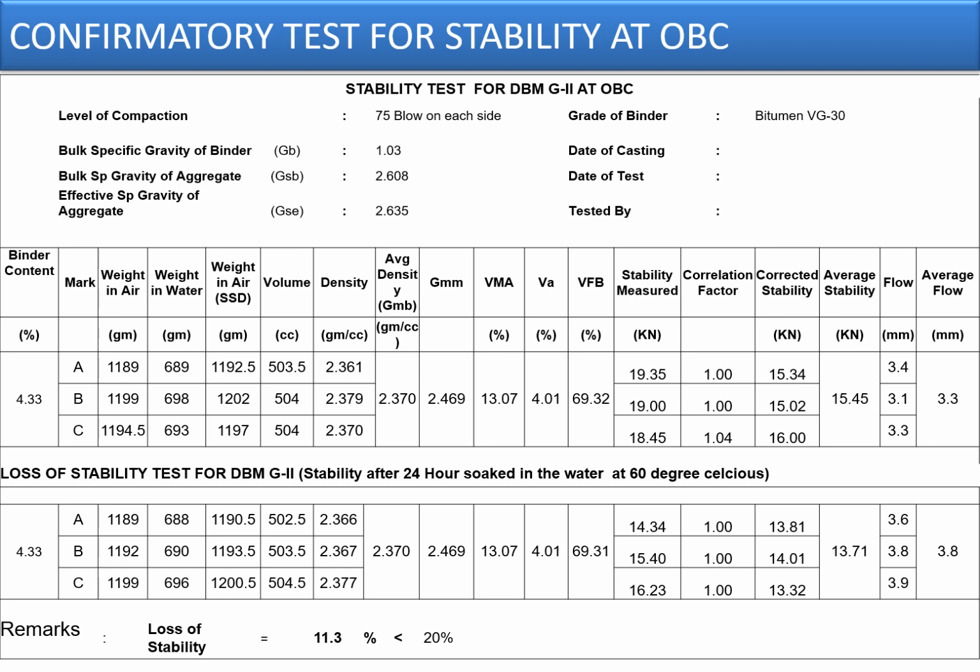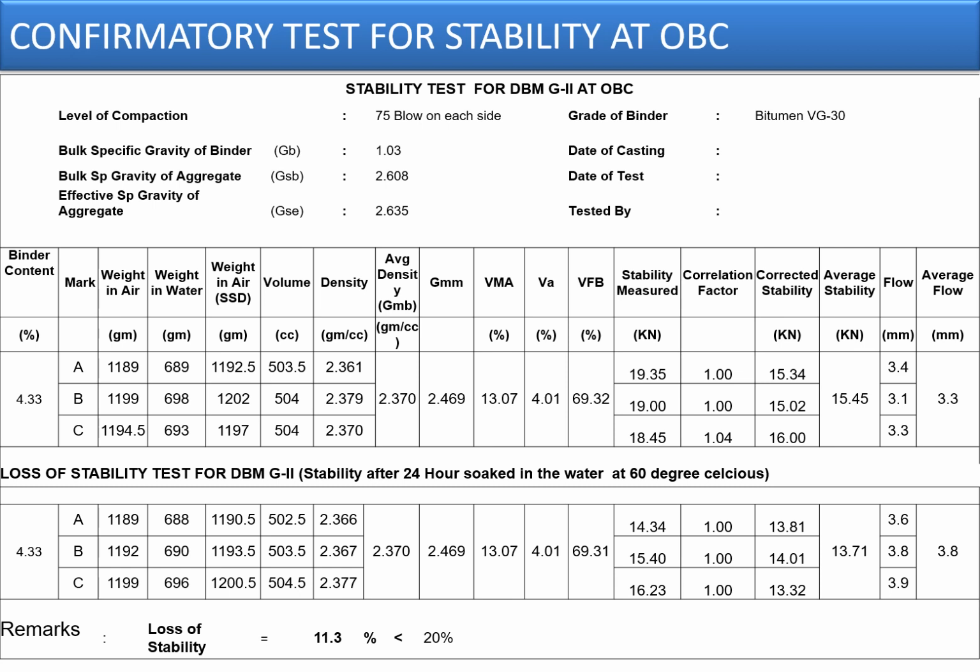It can be 3 molds, it can be 6 molds, depending upon the availability of the time and the accuracy you want, but minimum 3 molds are required in order to understand the variations. And then check at 4.33% what is the value of density you are getting, what is the value of stability you are getting, what is the flow value you are getting, what is the air voids you are getting at 4.33%, and what is the volume filled with bitumen.